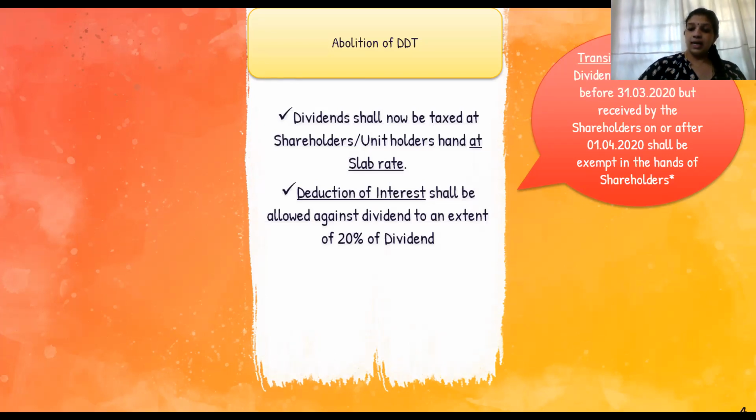That is, the company has to pay DDT on such dividend income for the shareholder to avail exemption, and where dividend income exceeds rupees 10 lakhs, such excess will be taxed at the flat rate of 10% along with the surcharge and cess as applicable.